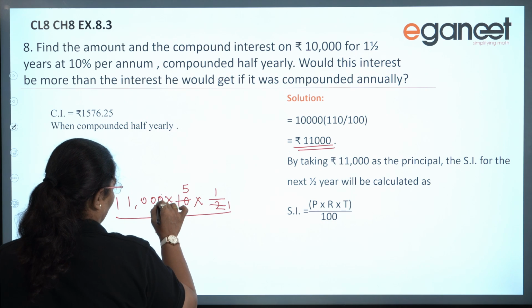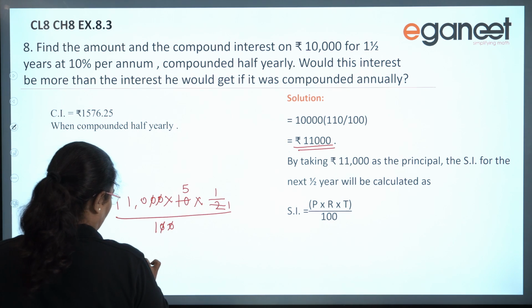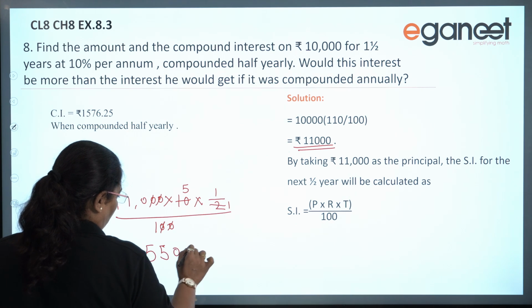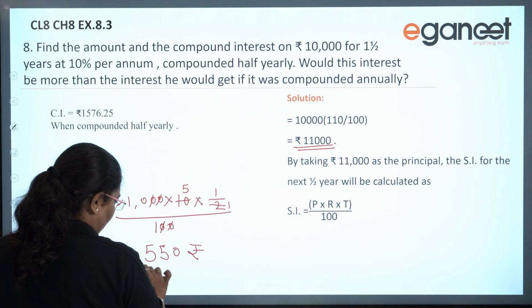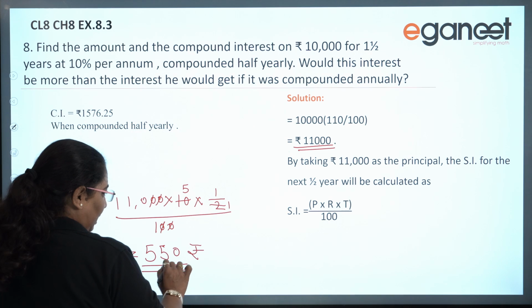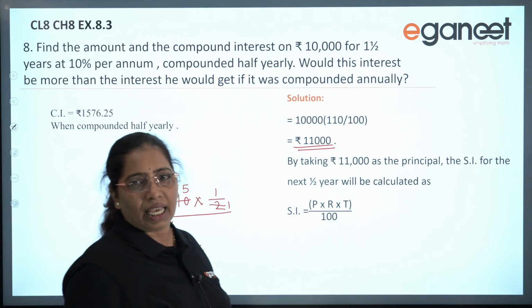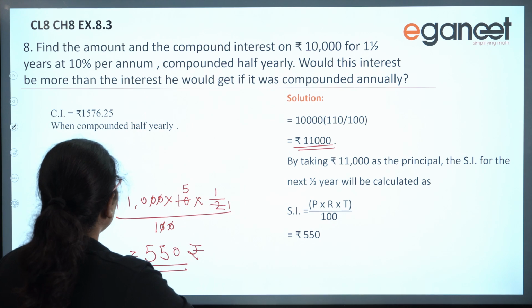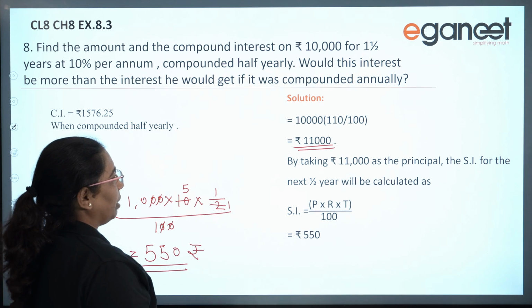This 2 cancels, and this is 110 into 5, which is equal to 550 rupees. This is the interest for the next 6 months.